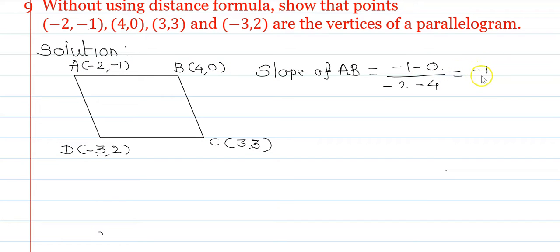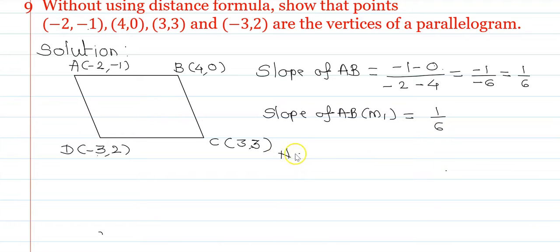And here you will get -1 upon -6, and that is equal to 1 upon 6. Therefore, slope of AB, in bracket we treat it as m1, is equal to 1 upon 6.